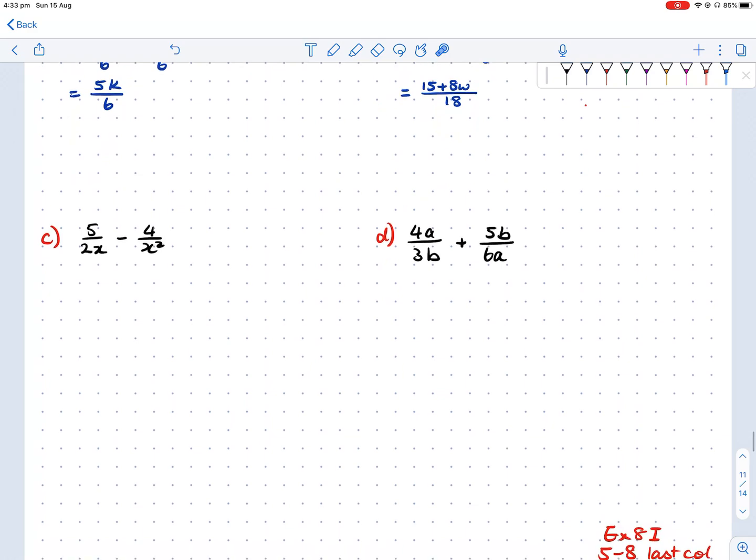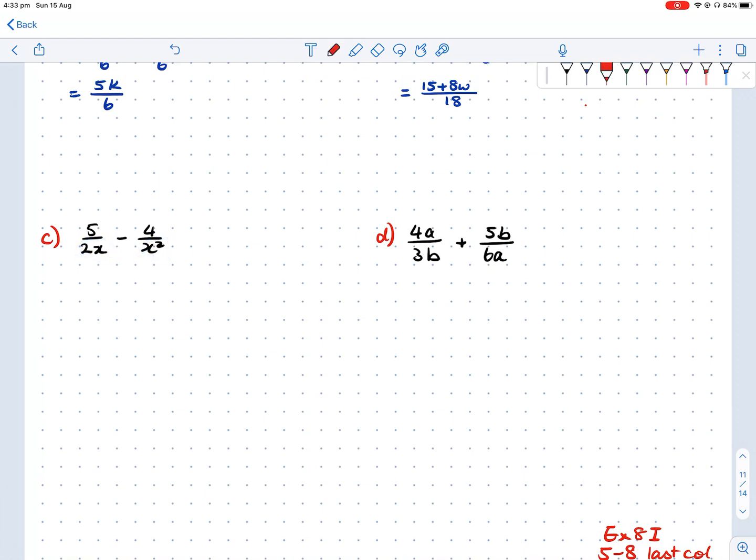All right, question C, we've got 2x in one denominator and x squared in the other denominator. Now this one's a bit trickier because we've got algebra in the denominator. So you're sort of thinking, what's the minimum amount of stuff I need in order to have already incorporated all of that and all of that?